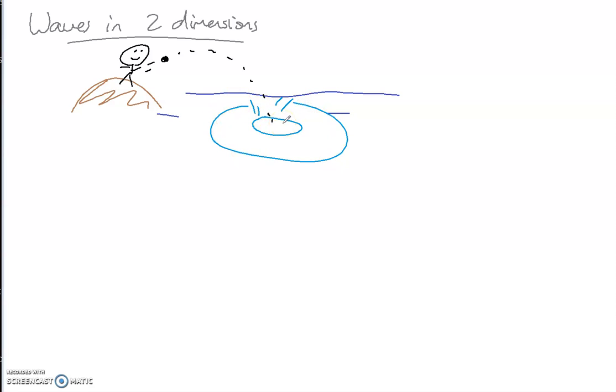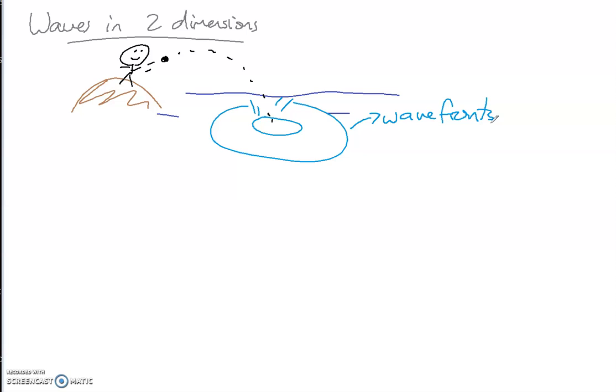Now when we draw these like this, those are called wave fronts, which is what the actual waves look like. When we draw the circular waves like that, those are called the wave fronts.